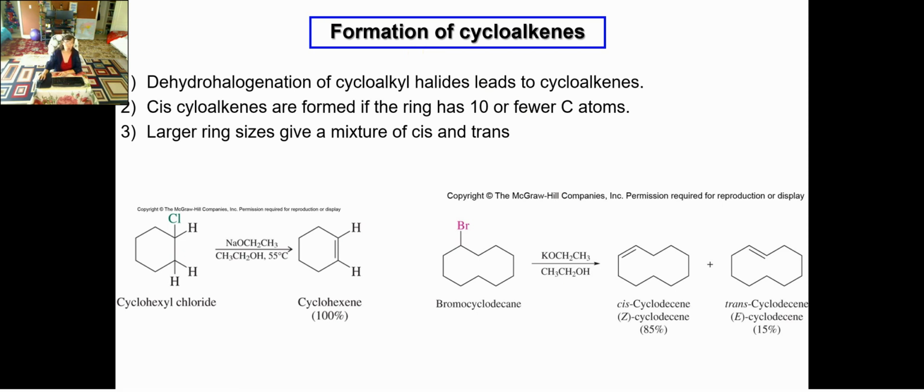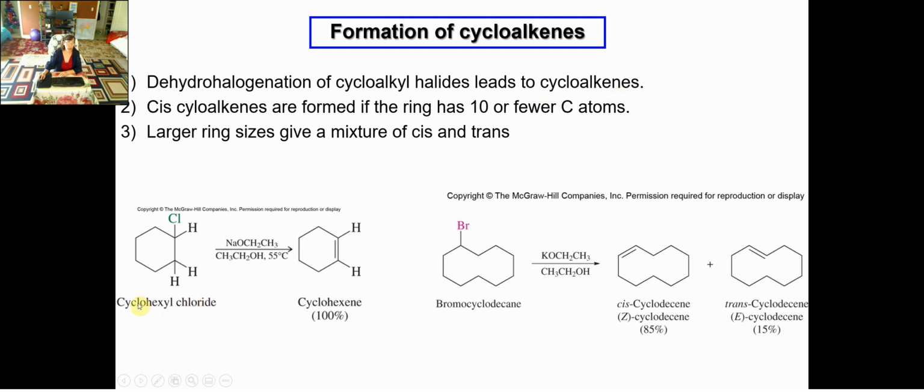However, when you form a cycloalkene, we need to pay attention. Dehydrohalogenation of cycloalkyl halides also produces alkenes. In this case, you produce a cycloalkene.